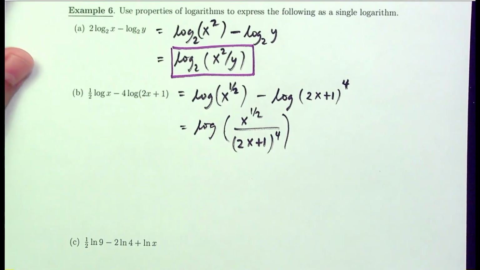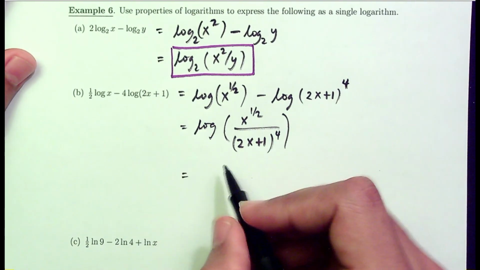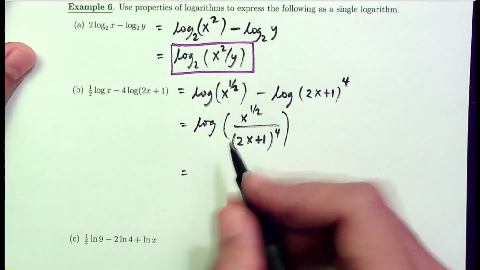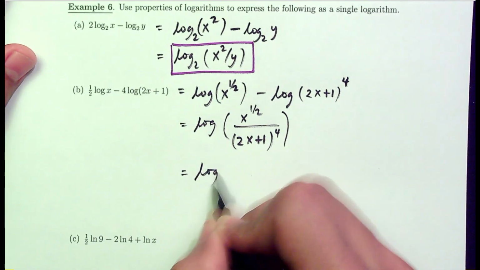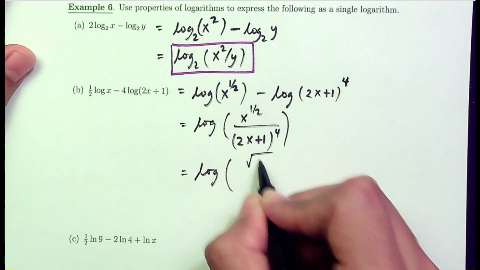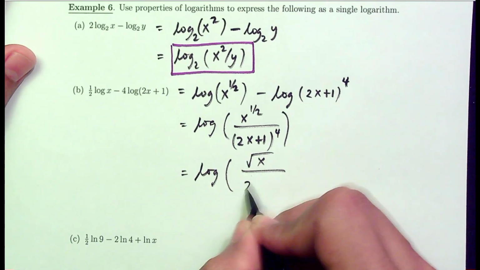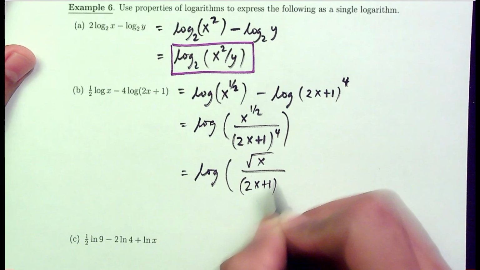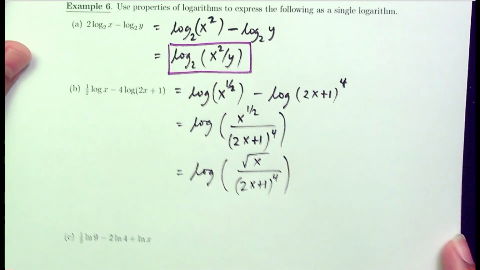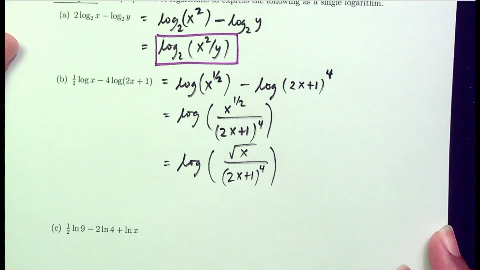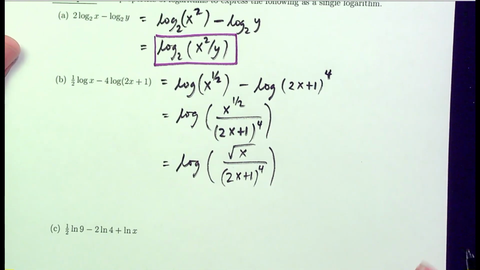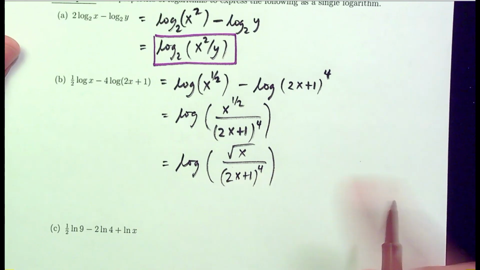And you could leave it like that, or you could write the top as a square root. So this is the square root of x over (2x plus 1) to the 4. So either one is fine. Either one is acceptable. And remember that these parentheses right here are not really needed.